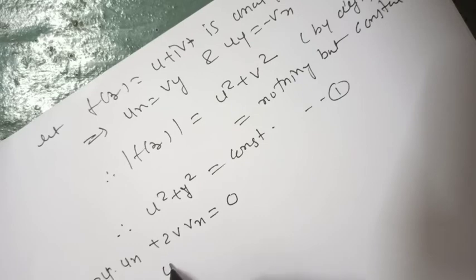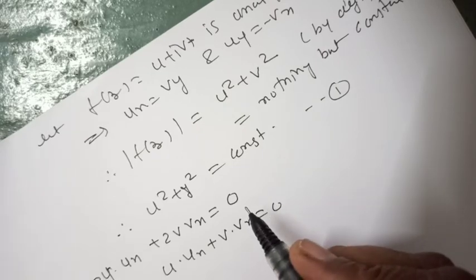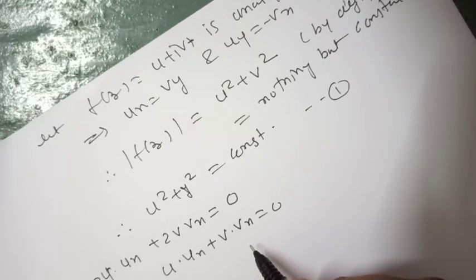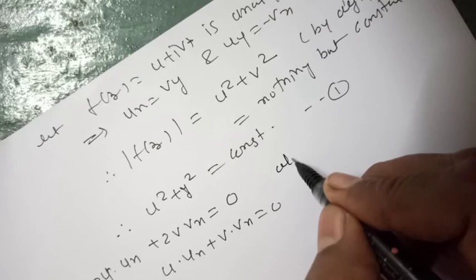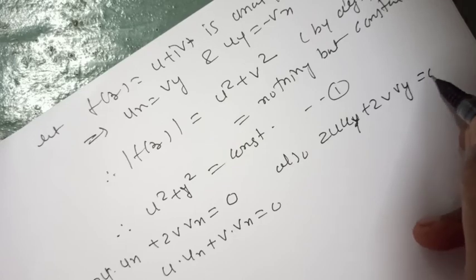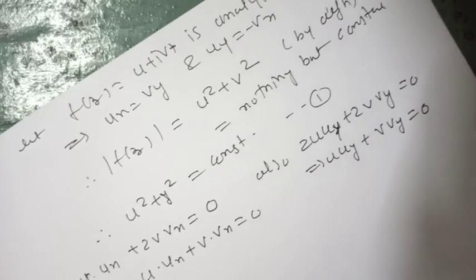That is, u into ux plus v into vx equals 0, and by CR equations, ux is vy. Similarly with respect to y, twice u uy plus twice v vy equals 0, which implies u uy plus v vy equals 0.